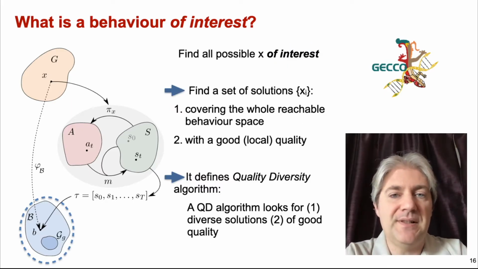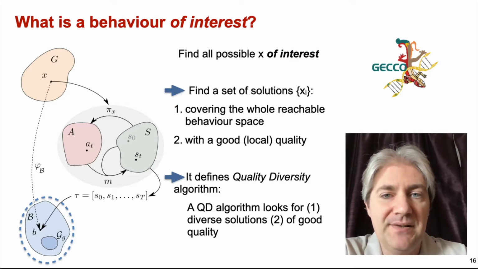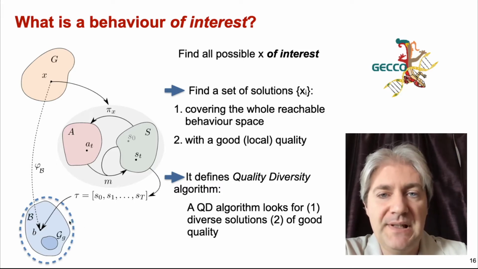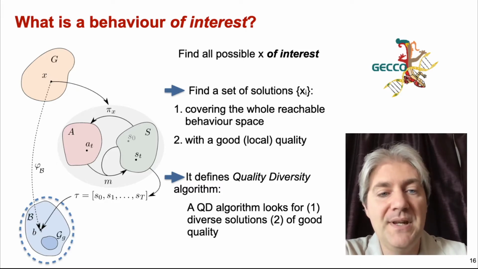So this is what quality diversity is about: finding a set of solutions, a set of genotypes that will cover as well as possible the whole reachable behavior space and with a good quality. So here each point in the behavior space comes from a particular genotype, but there may be different genotypes that end up in the same behavior here.